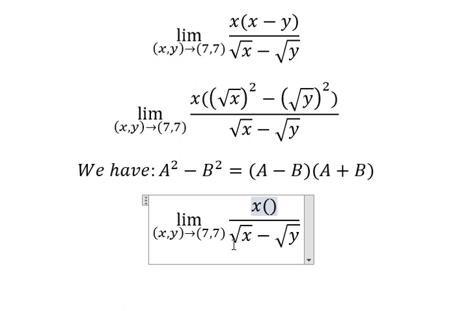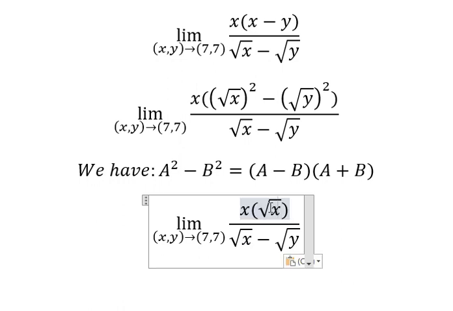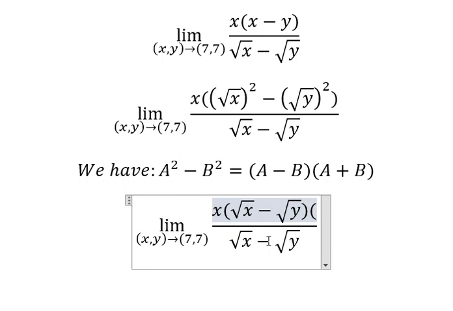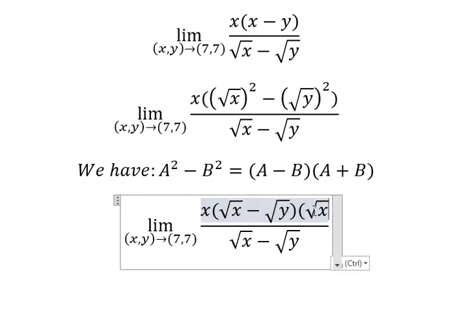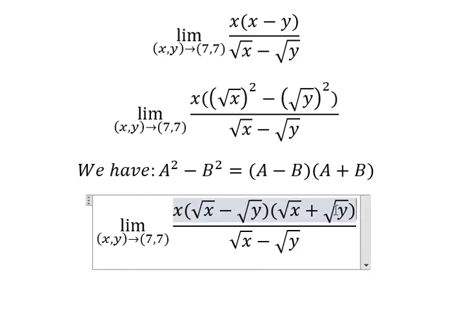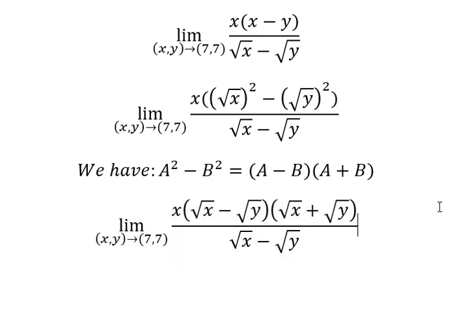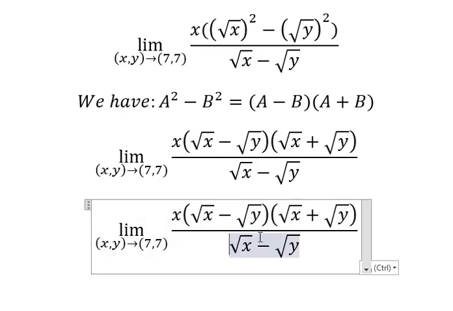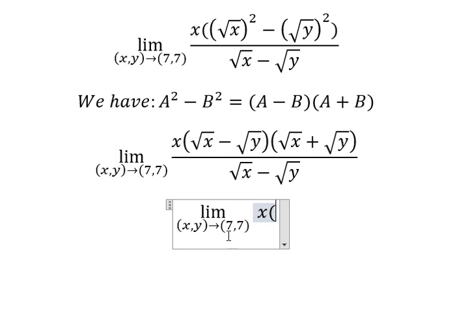And we have the square root of x minus the square root of y multiplied by the square root of x plus the square root of y. Now we need to simplify this one, and we just have it like this.